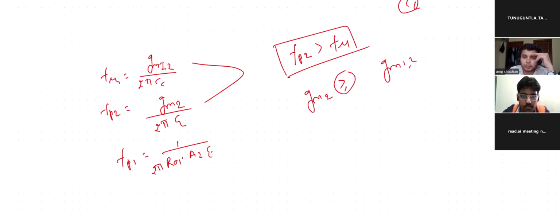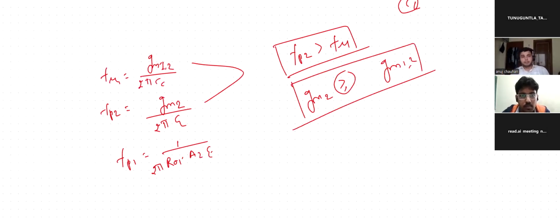When we burn more current in the second stage and have more GM2, the second pole is outside of the UGB, which is good for the phase margin.